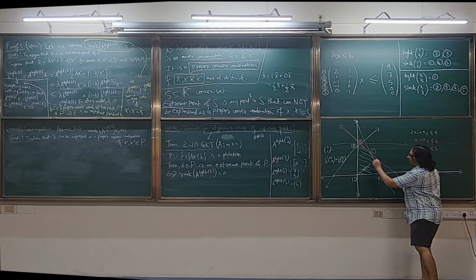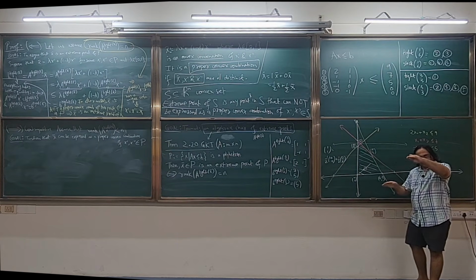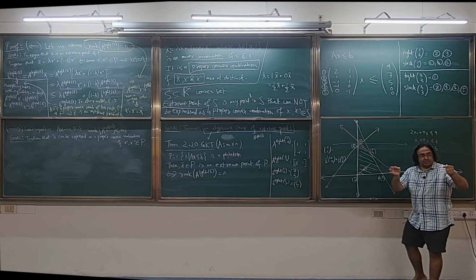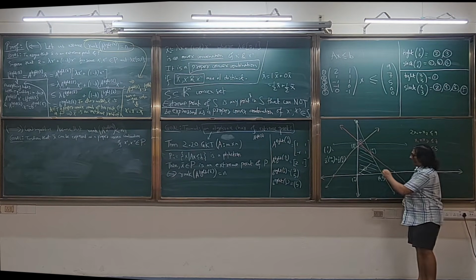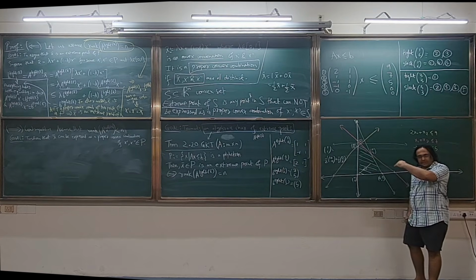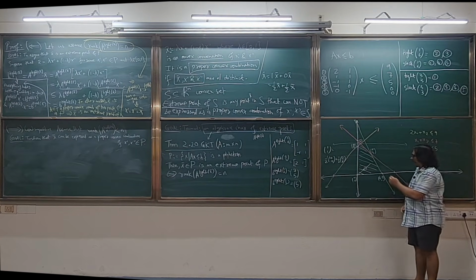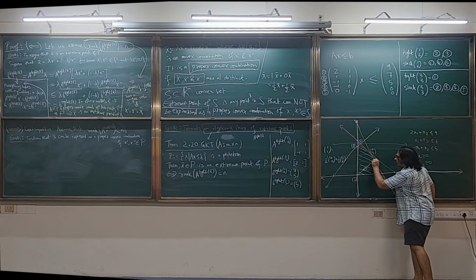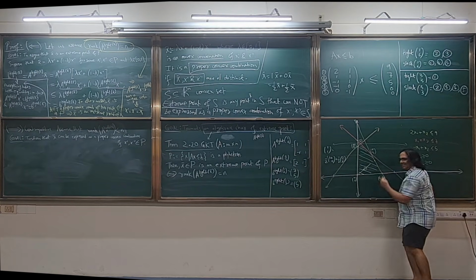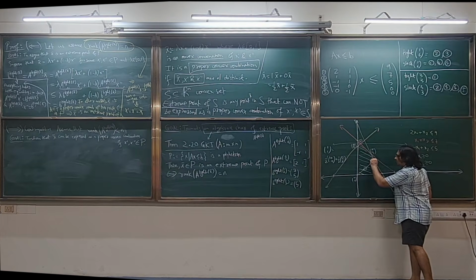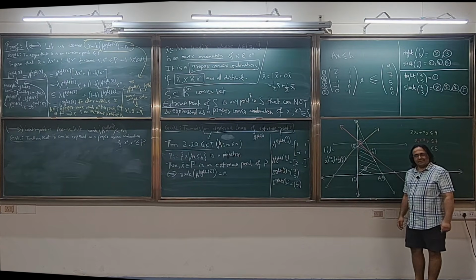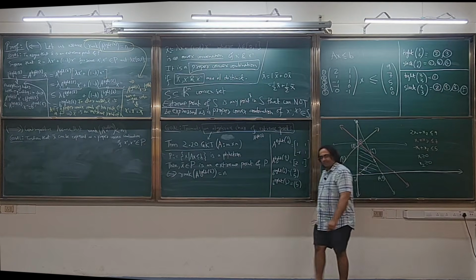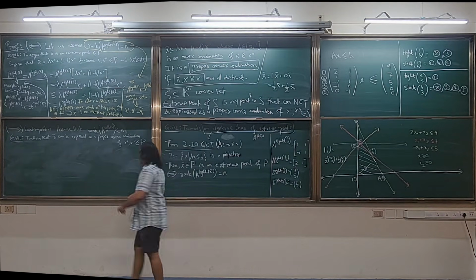Think of any other point. It could be on the surface of the polyhedron or in the interior, but it is not one of the corners. Some of the constraints might be satisfied tightly, for example these, but you can see that this point can be written as a convex combination of these two points, which are also in the same polyhedron.